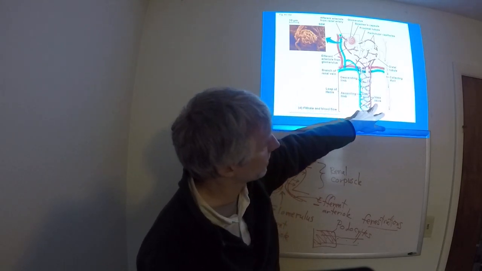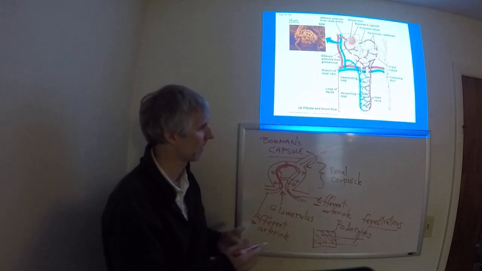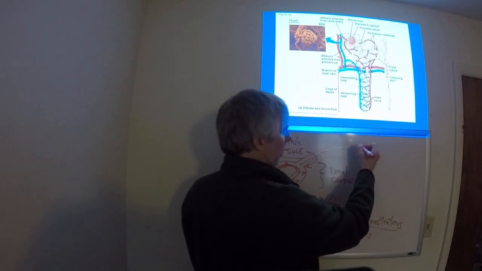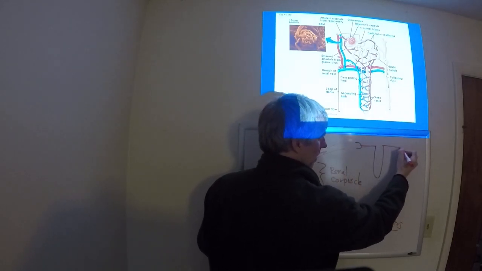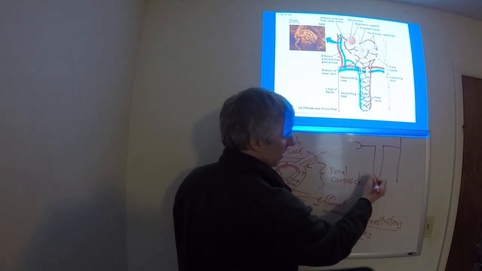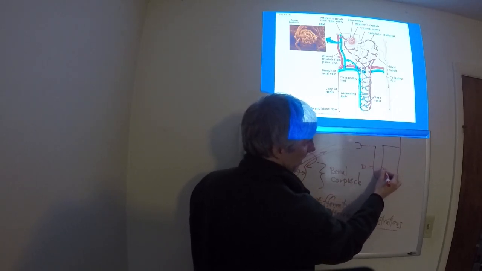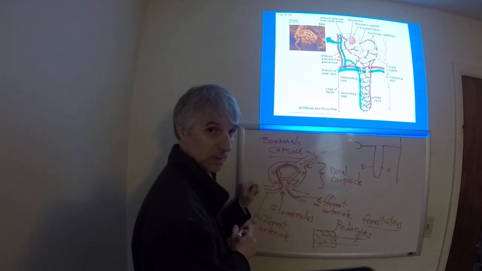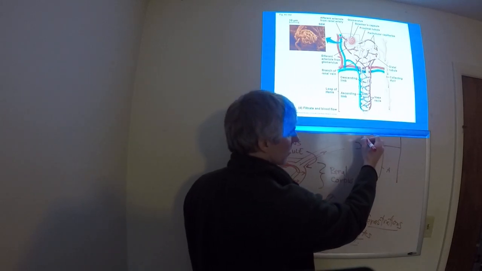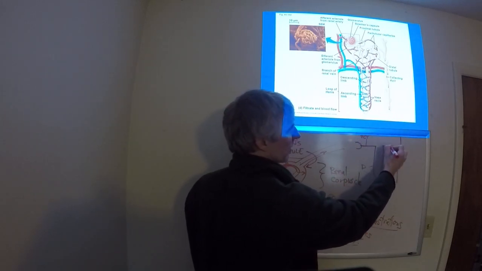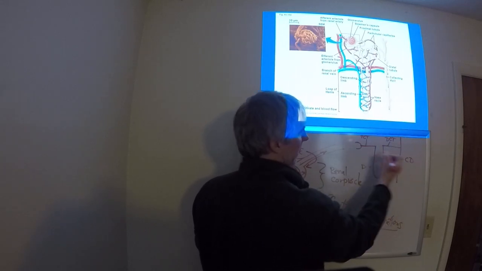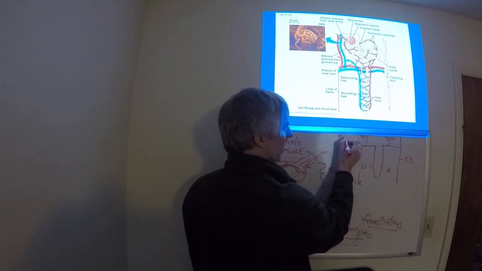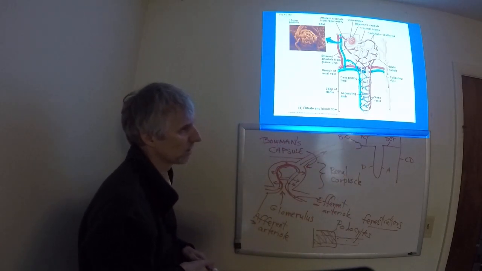This portion here is called the vasa recta. So I could kind of draw this a little bit. You've got Bowman's capsule, and into the collecting duct, that's the descending and ascending limb, right? The proximal convoluted tubule and the distal convoluted tubule and the collecting duct, and then this part here is Bowman's capsule.